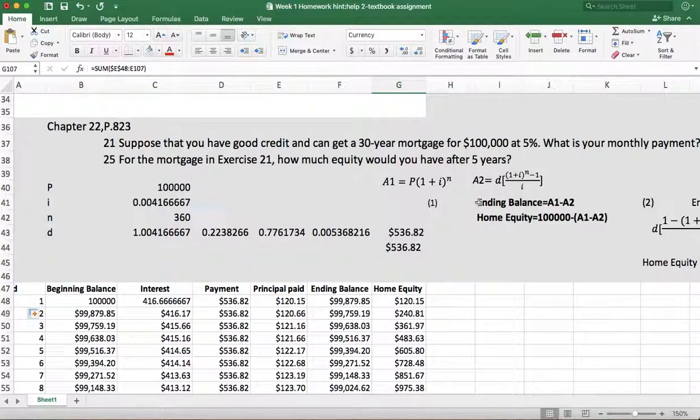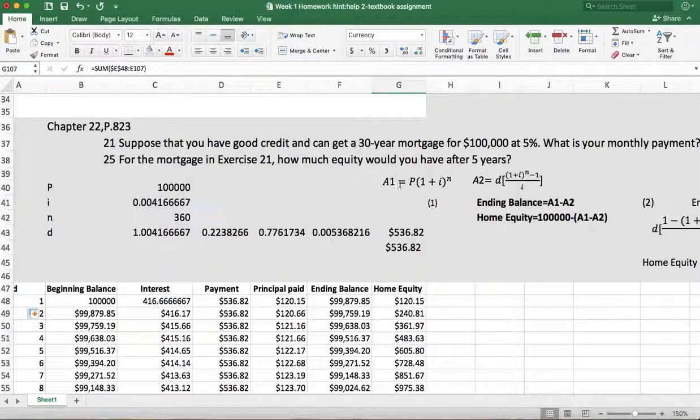And the other stream of cash flow in this problem is the periodic payment. You pay D every period, and the future value of your periodic payment is this formula.